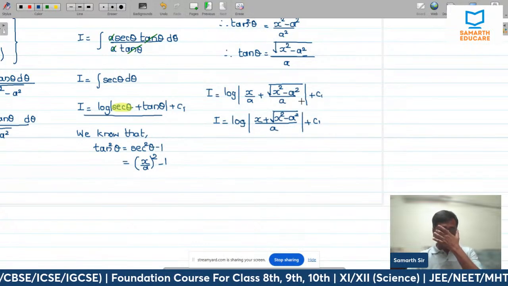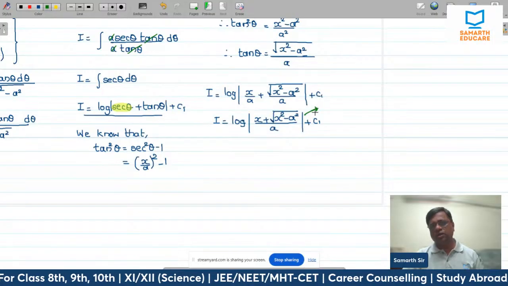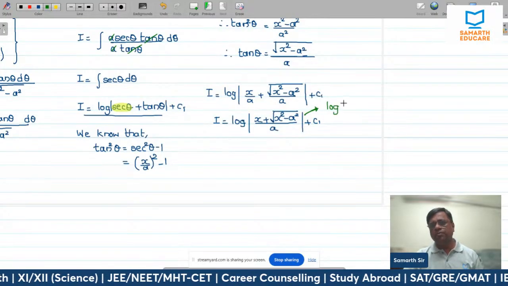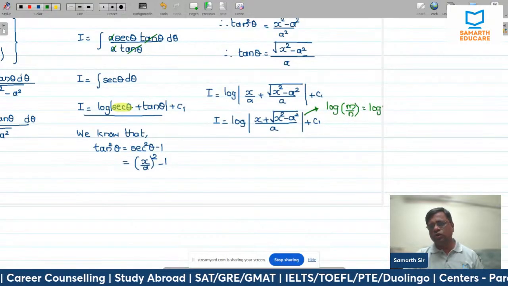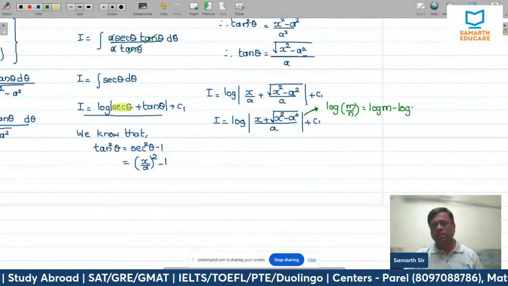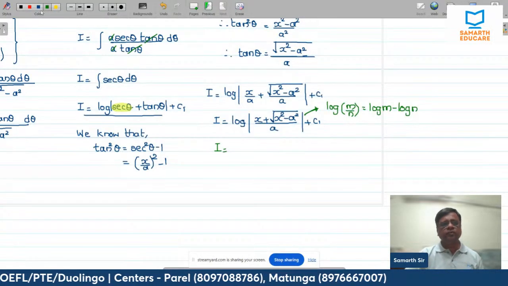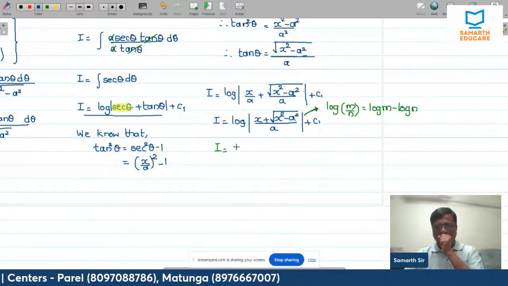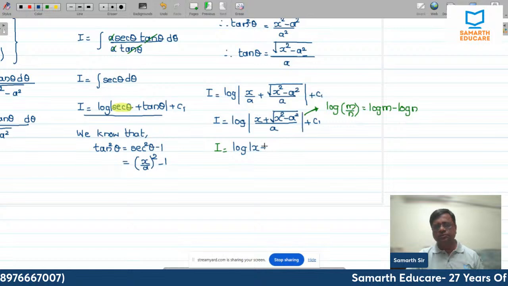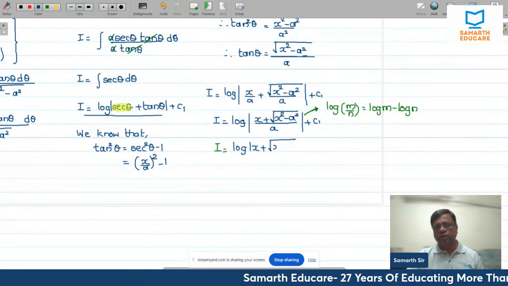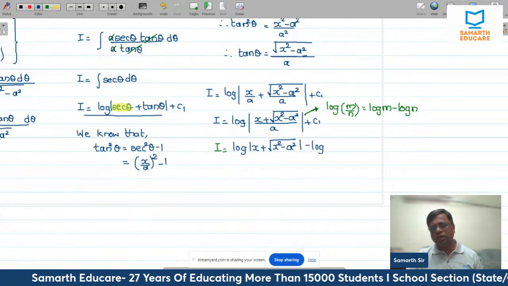Now, according to the laws of logarithm, ये जो part है ना, this part, what is log m upon n? Log m upon n is log m minus log n. All right. Now, hence, this will become I is log of x plus root of x square minus a square minus log a plus c1.